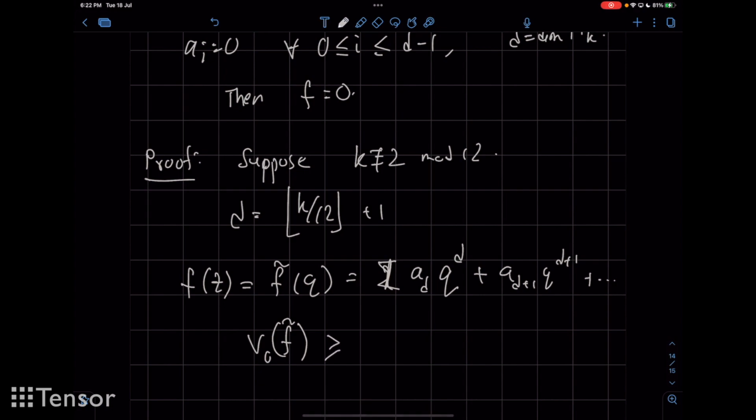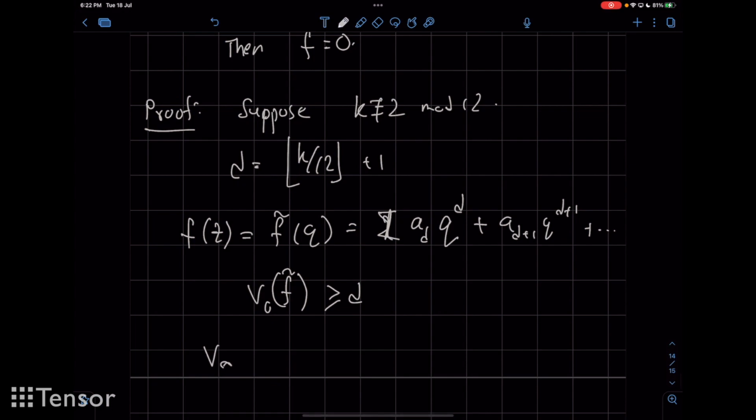At least d. So that means v infinity of f is at least d, and d is what? This. d is k over 12 plus 1. And what is this? This is at least k over 12.